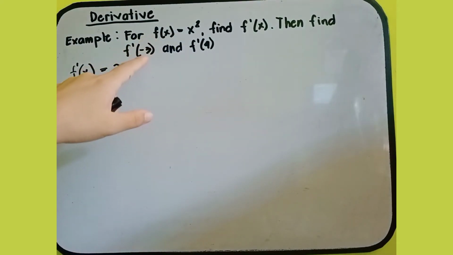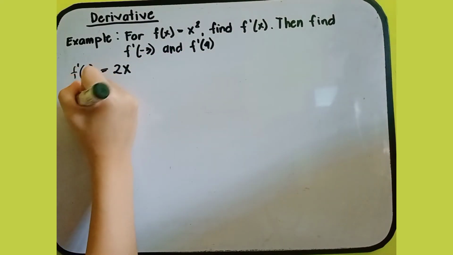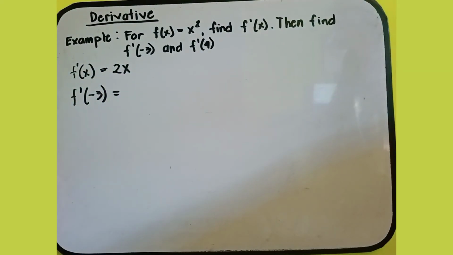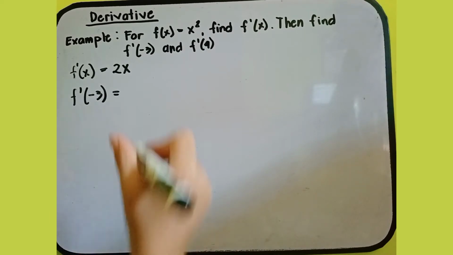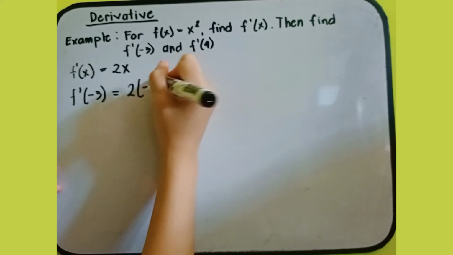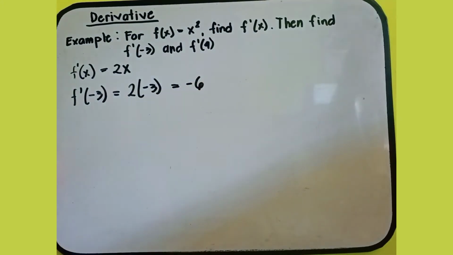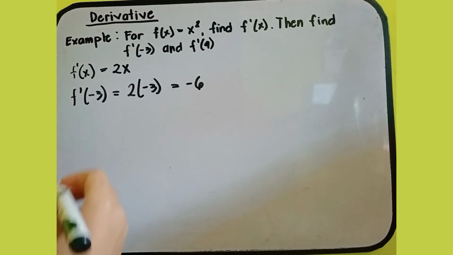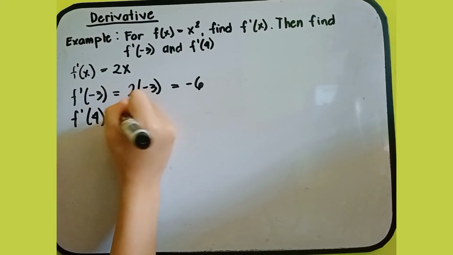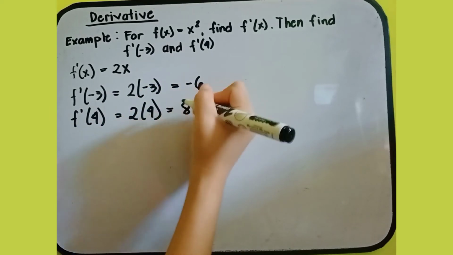Now we will get the value of f prime of negative 3 and f prime of 4. So f prime of negative 3 is equal to 2 multiplied by negative 3, so we get negative 6. And for f prime of 4, we have 2 multiplied by 4, which is equal to 8.